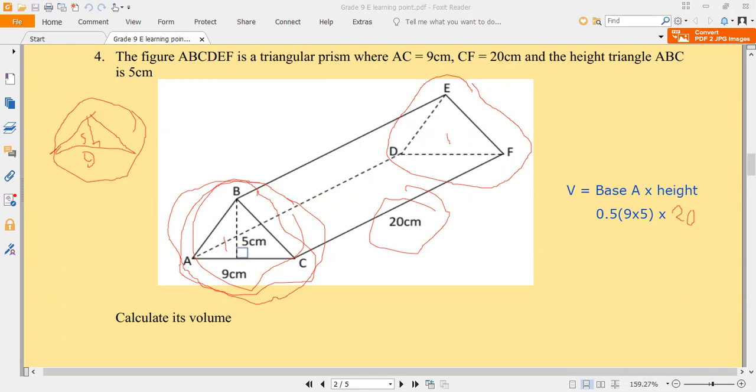And once you multiply these two, what is going to be the answer?